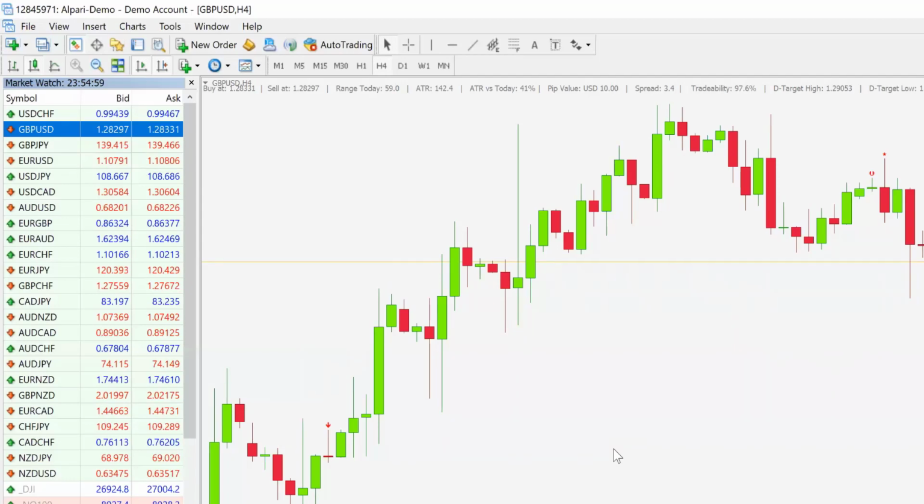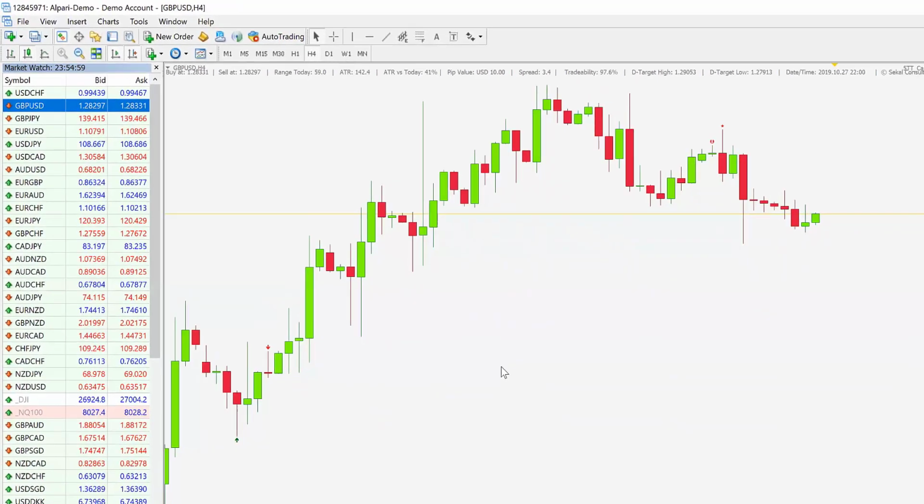But if you're moving the stop loss, will it automatically move the take profit part of it? No, it wouldn't move the take profit. But you can manually adjust any of those.